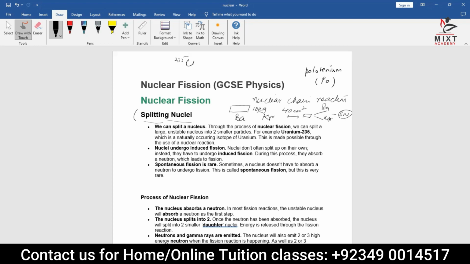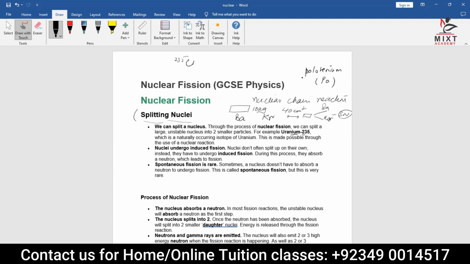The element used for this reaction is called uranium 235. But if you cannot find uranium 235, then plutonium can also be used for the fission reaction. If I read it for you, we can split a nucleus. Through the process of nuclear fission, we can split a large unstable nucleus into two smaller particles.